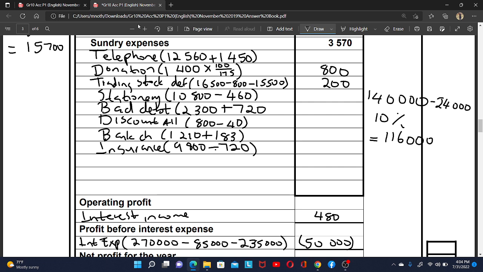So this is an equipment that we started a year with. So let's calculate its depreciation. 116 times 10%. The answer is 11,600.